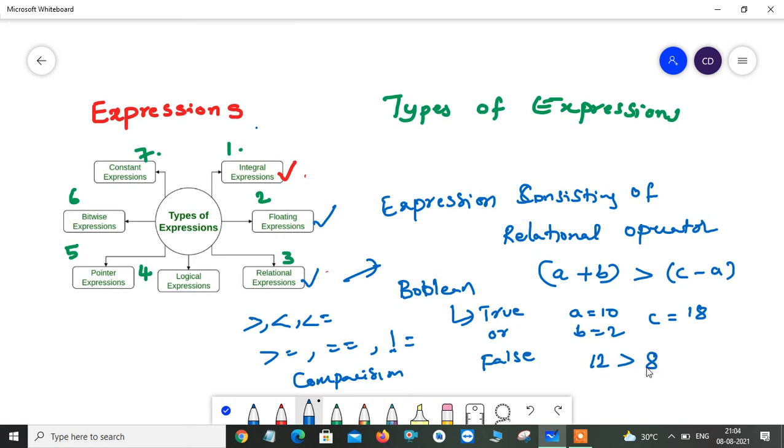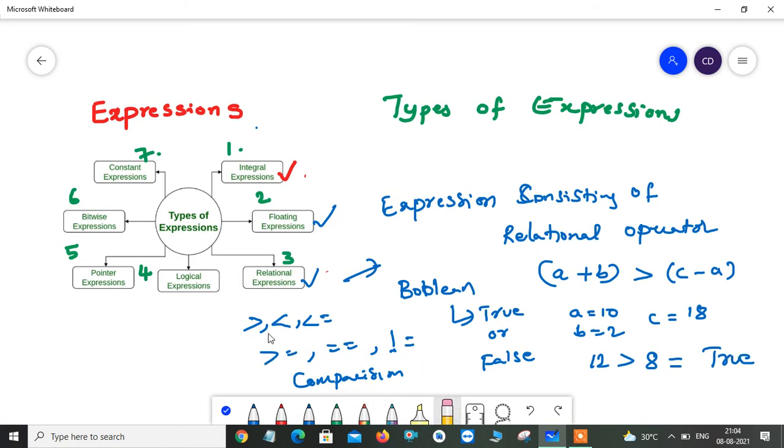So 12 is greater than 8. What will it return? It will return true. So always remember, a relational expression is an expression consisting of relational operators: greater, lesser, equal, greater or equal, lesser or equal, or not equal. These operators are used to make comparisons, and it always returns a boolean value, either true or false.